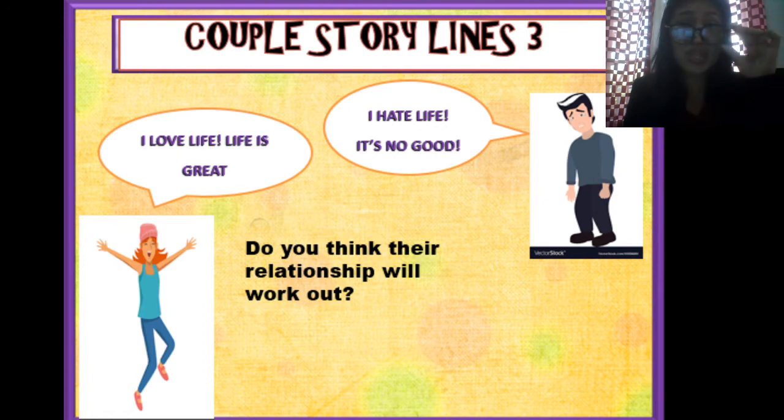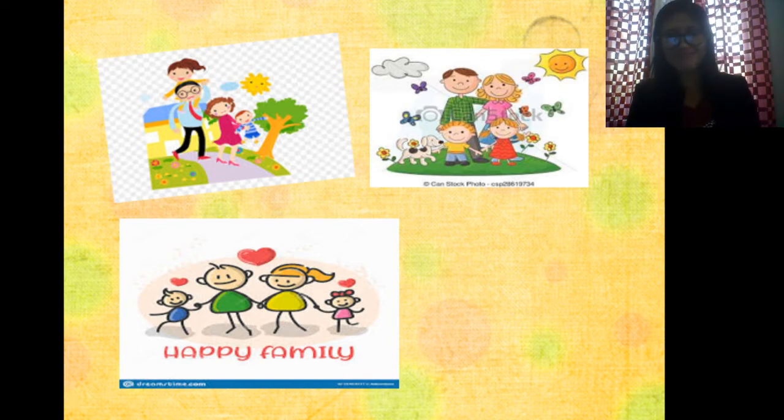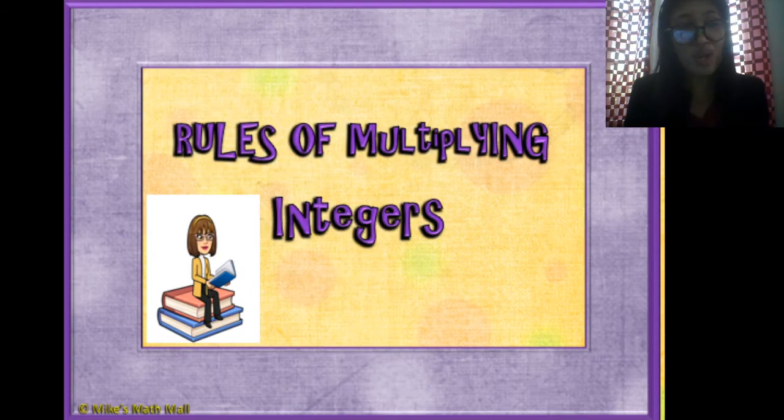I hope that you like our stories of couples. Who among these three couples will build a happy family? Our stories of couples have something in common with our rules of multiplying integers.